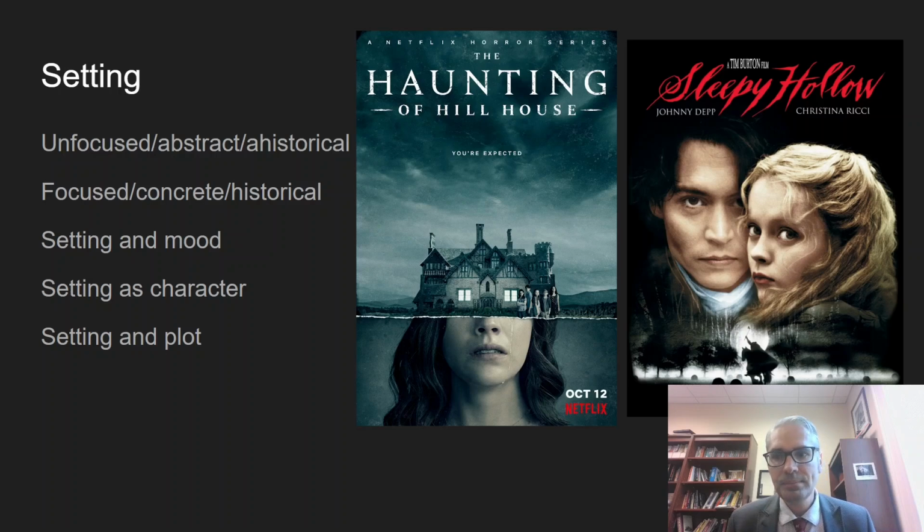And then with historical fiction, a lot of times the setting is going to render certain conflicts. So if you think about something written in the antebellum South, slavery, or maybe during the Civil War, or if you're going to write something that takes place during World War II, the conflict will be a background of the set. The conflict will be informed by the setting.